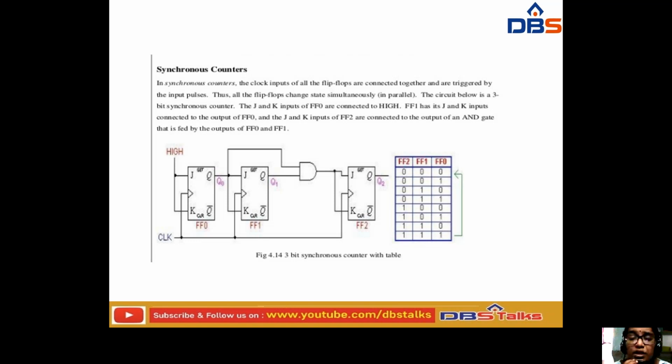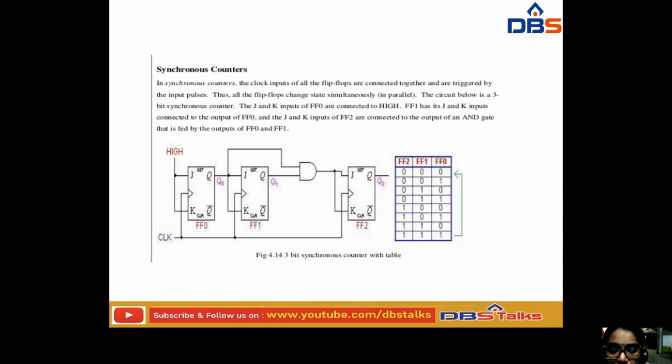Why are we taking J and K inputs? Because it is a JK flip-flop. It has J and K inputs connected to the output of flip-flop 0, and the J and K inputs of flip-flop 2 are connected to the output of an AND gate, which is fed by the outputs of flip-flop 0 and flip-flop 1.